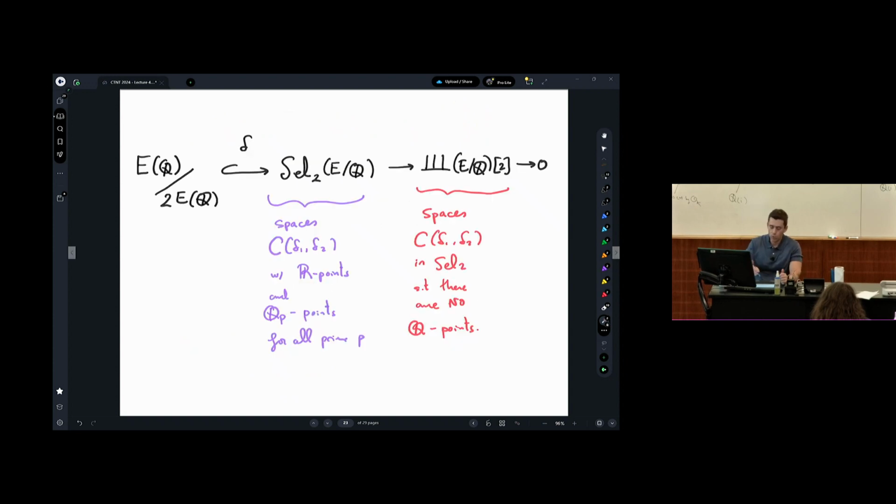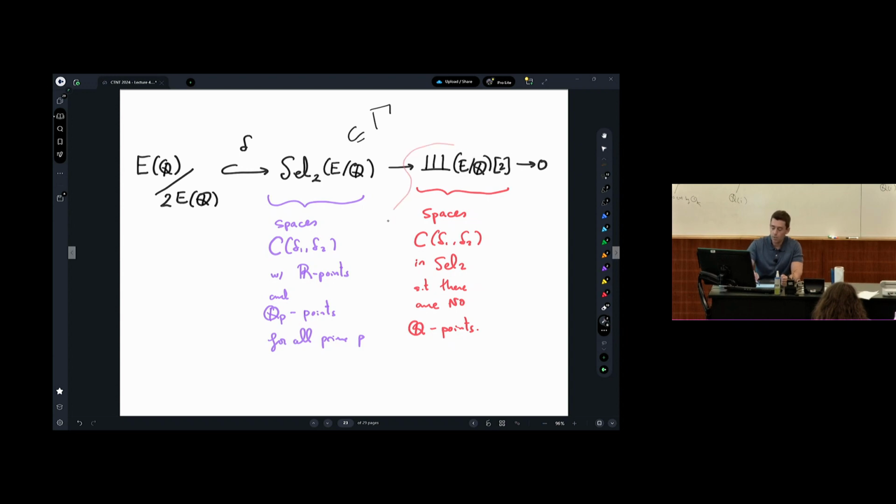So what we do is, through that map delta, this would be a subgroup, even smaller, of that gamma that we had before. And what we do is look at all those spaces that are what we call locally solvable everywhere. And those are the candidates for rational points.